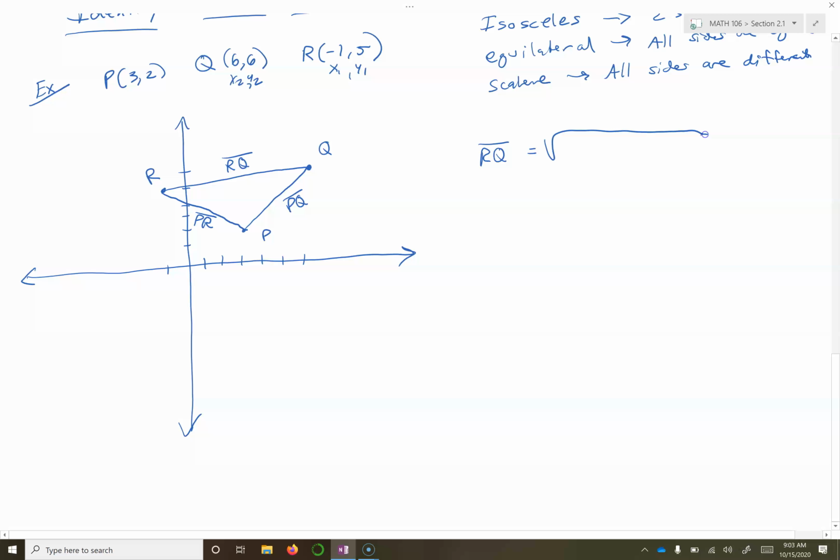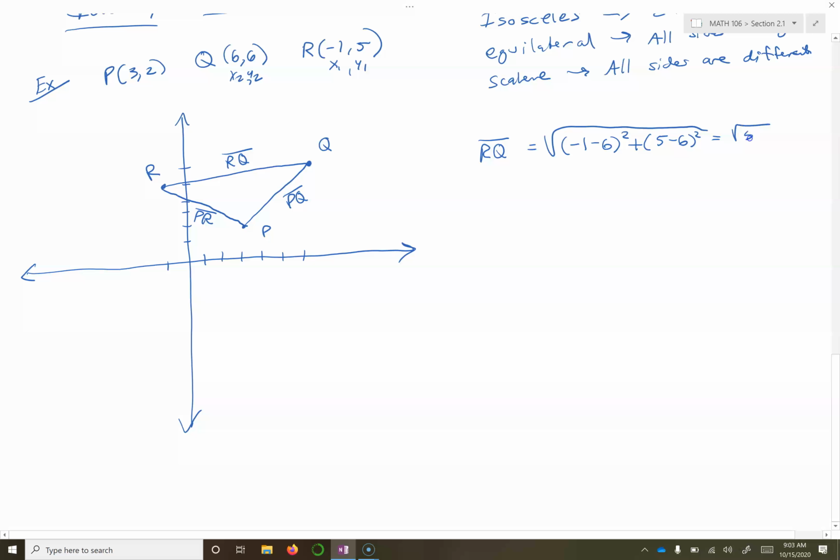So we're going to do the square root of x1 minus x2, which is -1 minus 6 squared, plus y1, 5 minus 6 squared. So what are we going to get here? -1 minus 6 is -7 squared, which is 49. And then 5 minus 6 is -1 squared, which is 1. So it's 49 plus 1, so it's the square root of 50.